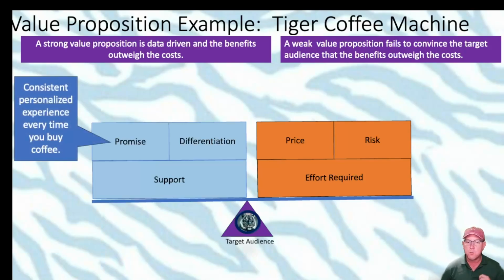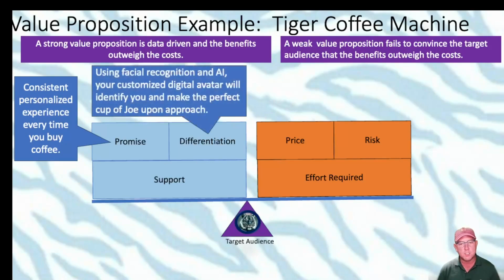All right, so our promise is going to be a consistent, personalized experience every time you buy coffee. What's going to differentiate us for the customer is that when you walk up to the machines anywhere in the world, we're going to use facial recognition and AI, and you'll have a customized digital avatar that you'll always meet, regardless of where the coffee machine is, and they'll make you a perfect cup of Joe when you approach.